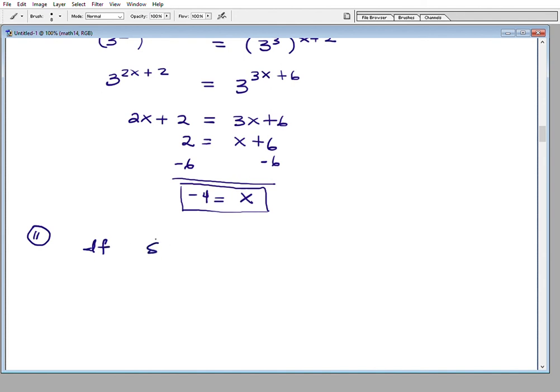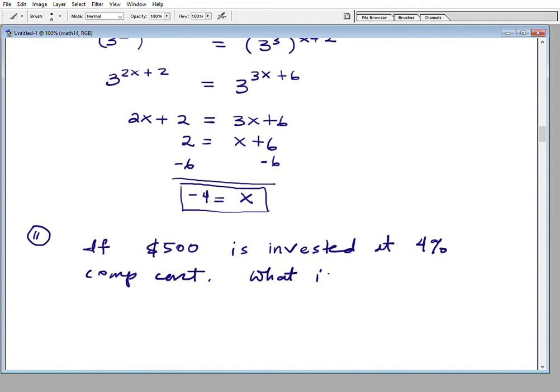Let's say if $500 is invested at, let's say, 4%, compounded continuously. What is the value after 10 years?